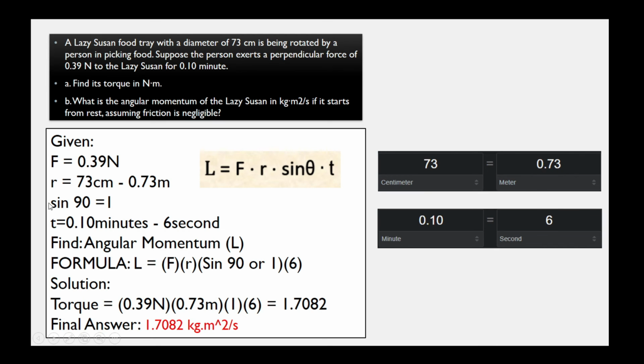And the sine of 90 degrees is from this perpendicular force. The time is just like the radius, we need to convert it from minutes to seconds. So the 0.10 minute will become 6 seconds. And what we're looking for is the angular momentum.